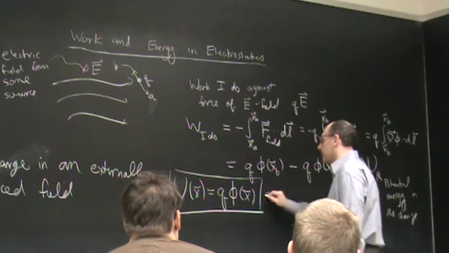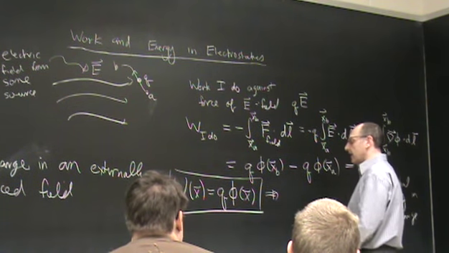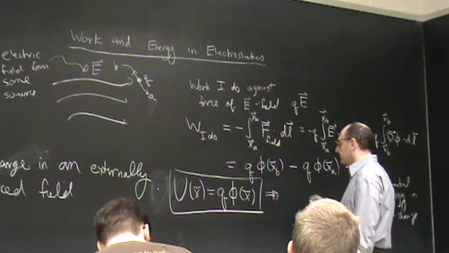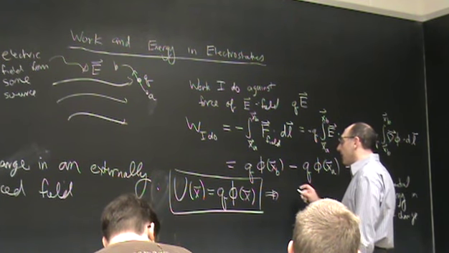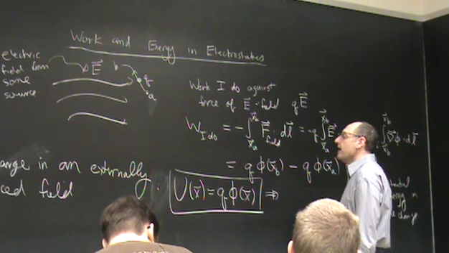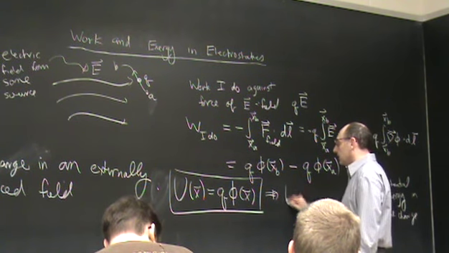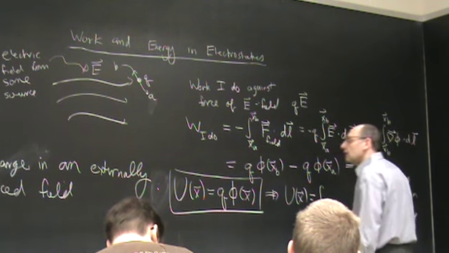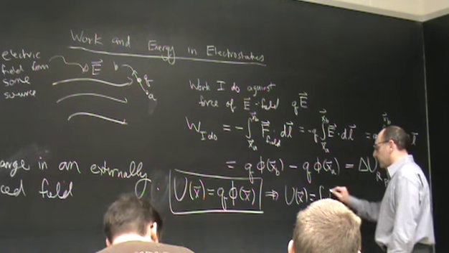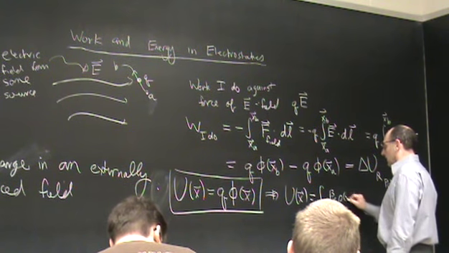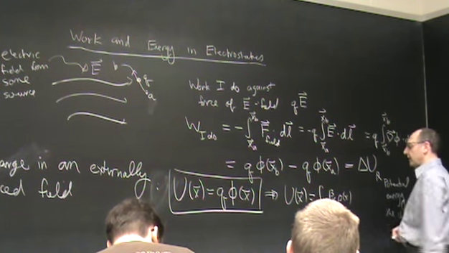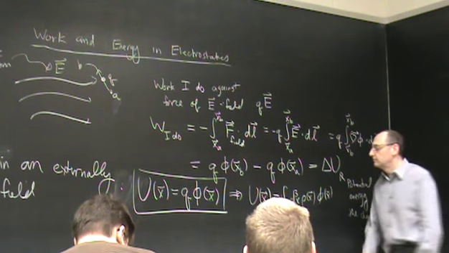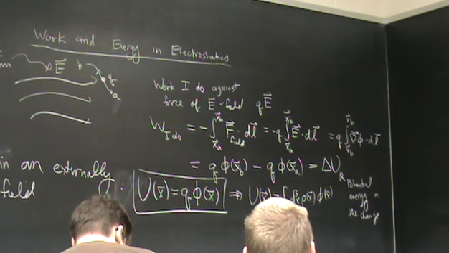Oh, by the way, of course, if we had a collection of charges, then we would just sum that, and if we turn that into a continuum, if we have a charge distribution rho, then we would say this would be the integral of the dq's, which is rho times the volume element times the potential. Okay?